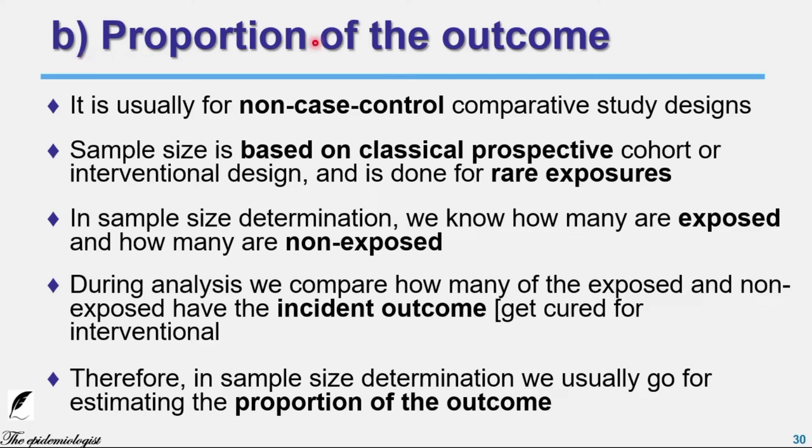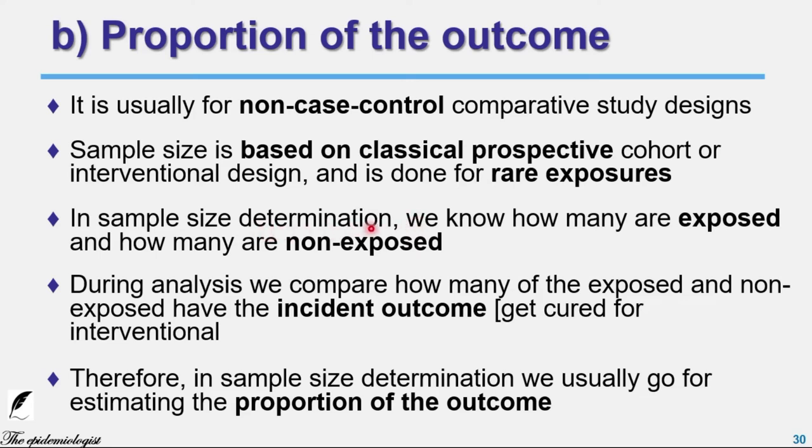What and how could we estimate the outcome? Estimation of the outcome is usually made for non-case control comparative study designs. The sample size calculation is based on classical prospective cohort and interventional designs for rare exposures. It is usually for non-case control study designs, including analytic cross-sectional, cohort, and interventional studies.